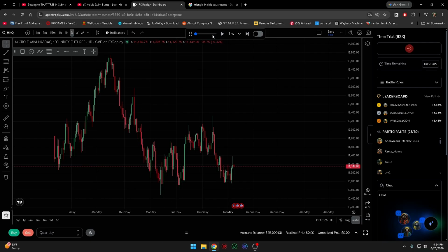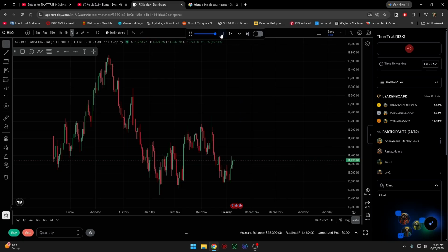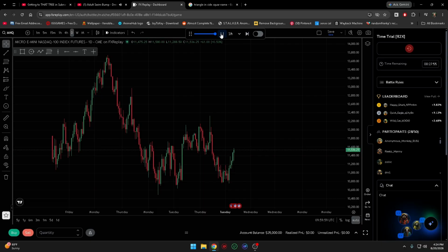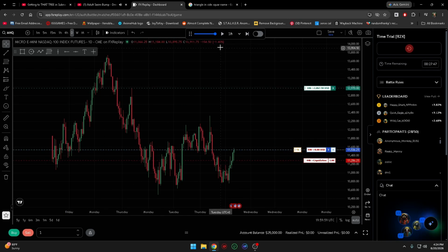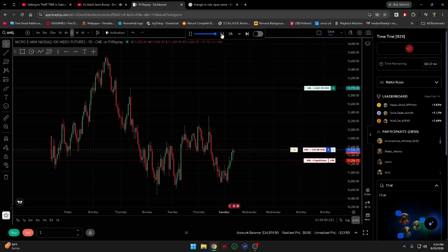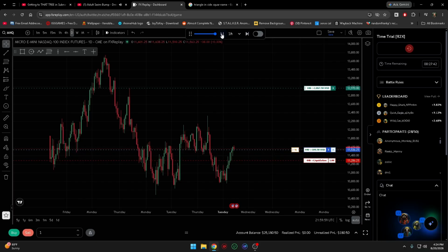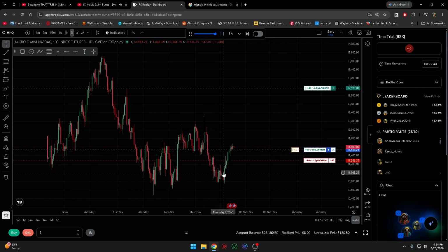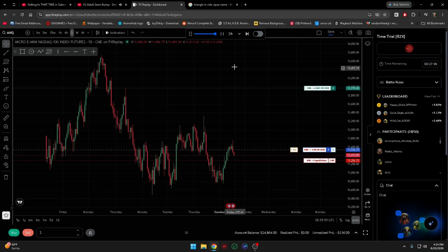I genuinely believe it's gonna run past this high right here. If it does pull back, it's gonna pull back into this range right here.